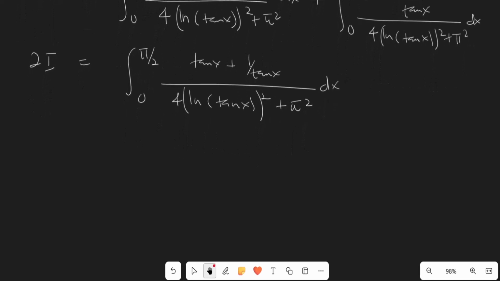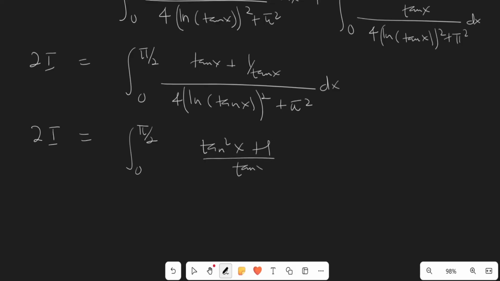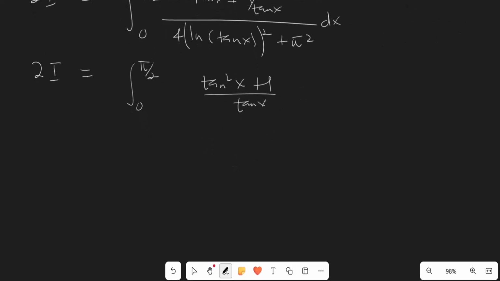So we can simplify the numerator. 2I is going to be the integral from 0 to pi over 2 of this. The numerator can be simplified as tan squared x plus 1 all divided by tan x, and the denominator will stay the same: 4 natural logarithm of tan x, all squared plus pi squared dx.